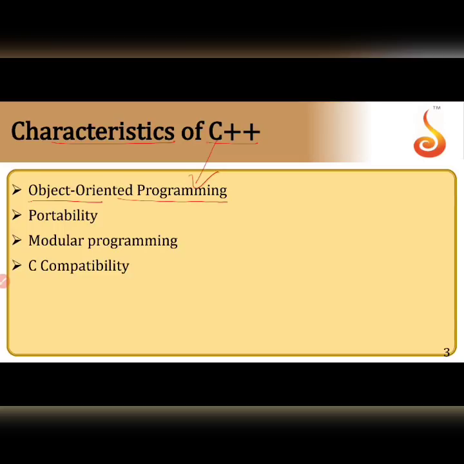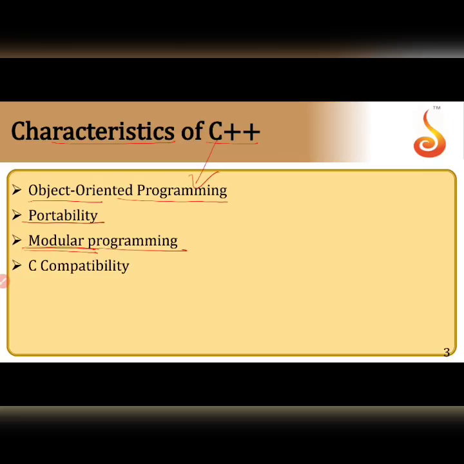The next one is portability. So what do you mean by portability? Portability means you write a C++ program on one operating system and without making any changes to it, it can be used in other operating systems. Next is modular programming. Here the keyword is modular.